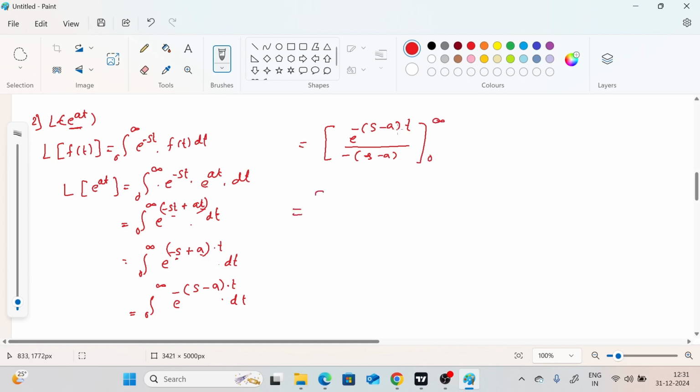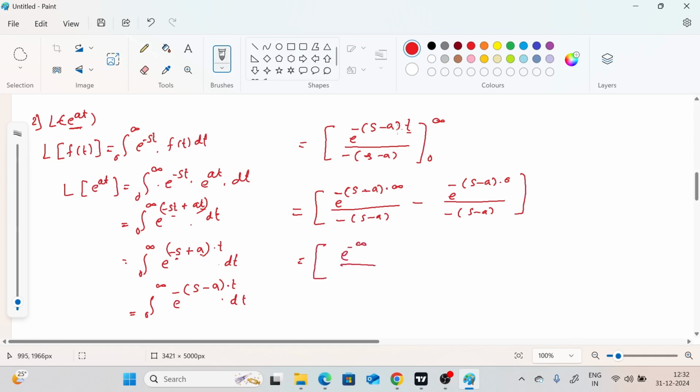So we are going to put the limit values inside the bracket: e raised to minus s minus a to infinity upon minus s minus a, minus e raised to minus s minus a into 0 upon minus s minus a. Anything into infinity will be infinity, upon minus s minus a.